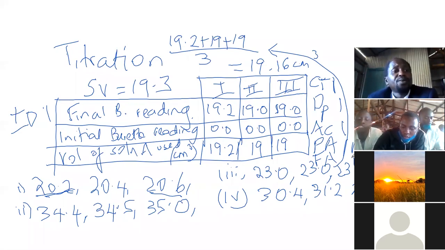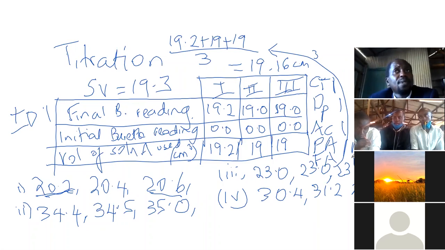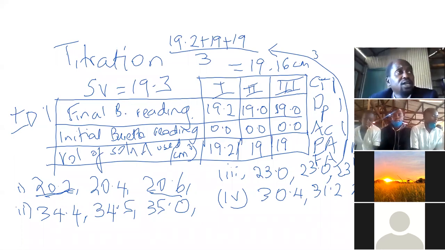If the values are within plus or minus 0.1, then the candidate scores 1 mark. If the values are not within plus or minus 0.1, but they are within plus or minus 0.20 of the teacher's average titer, then we award half a mark. Otherwise, you score final accuracy 0.